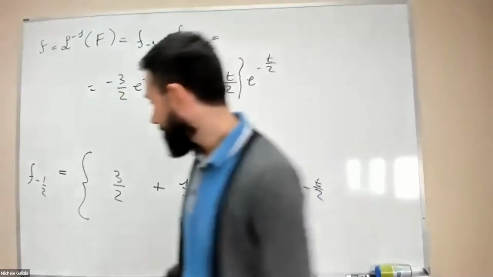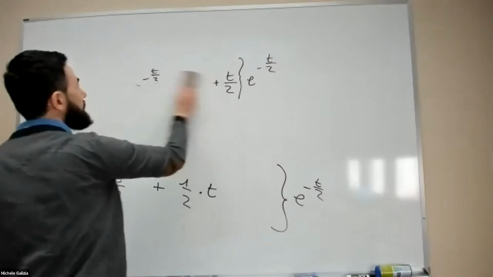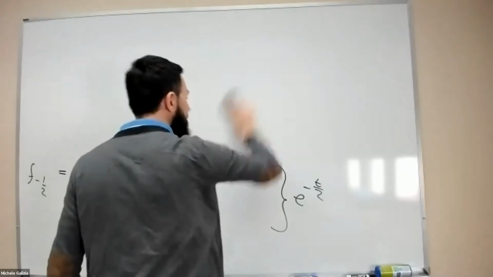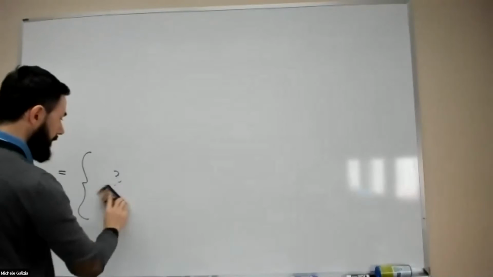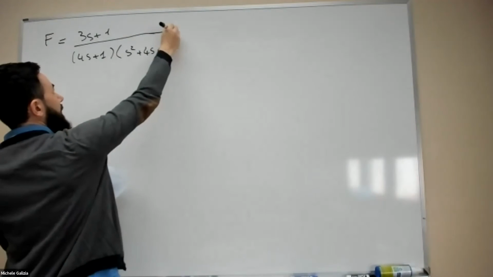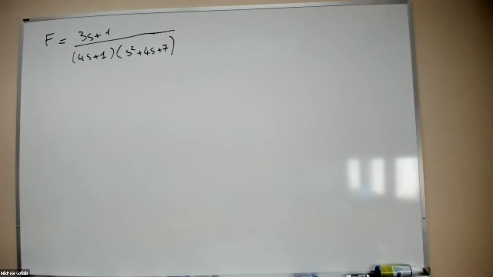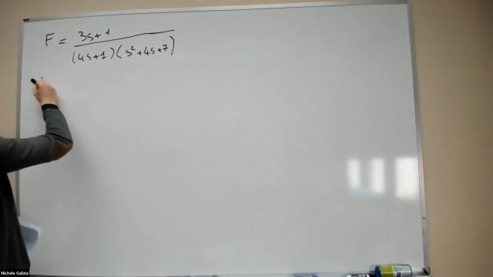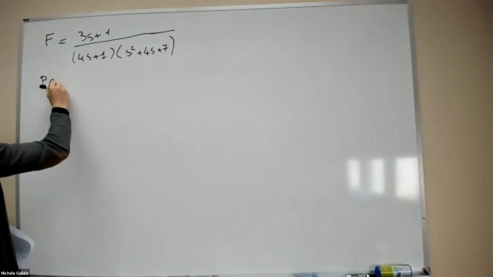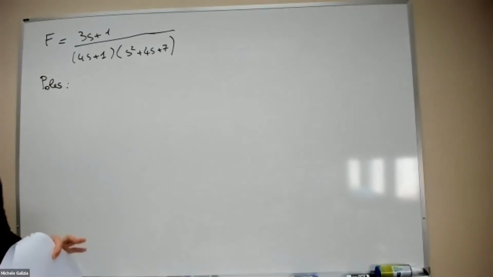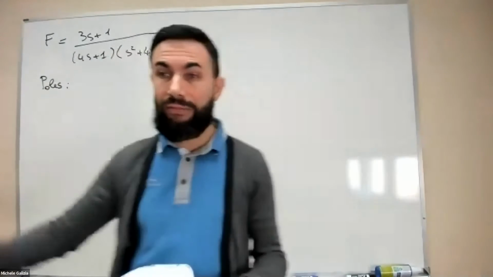Okay, so let's translate this in a more understandable language. And let's consider that f this time is given by an expression like this. So poles, always the same. We have to find the poles. The first step is find the poles.